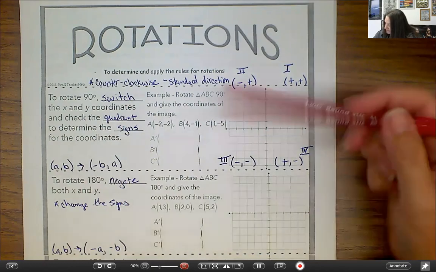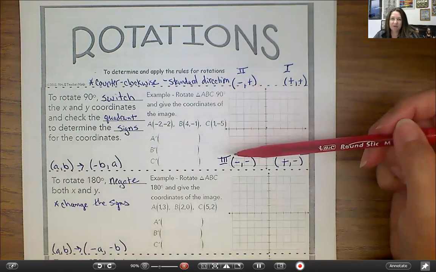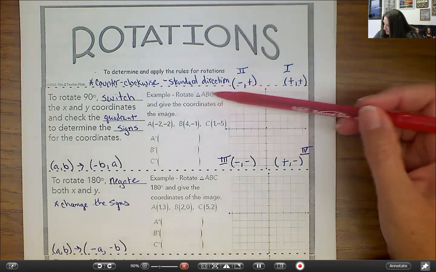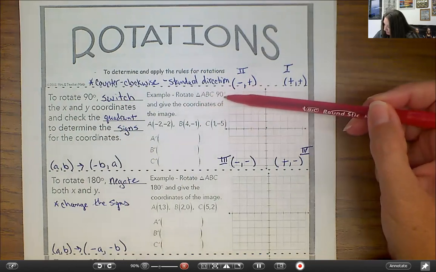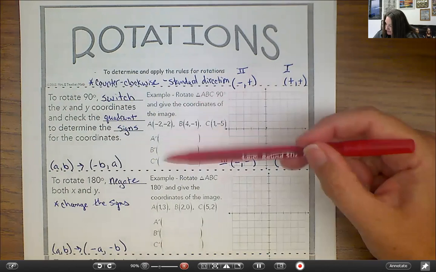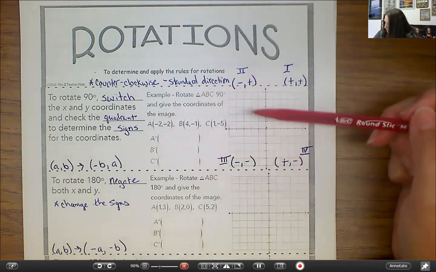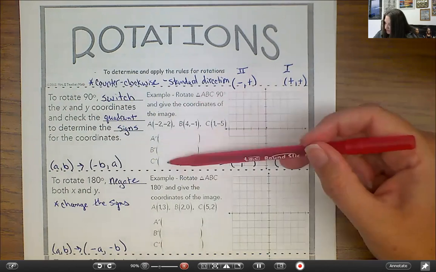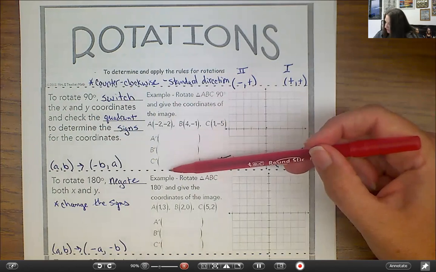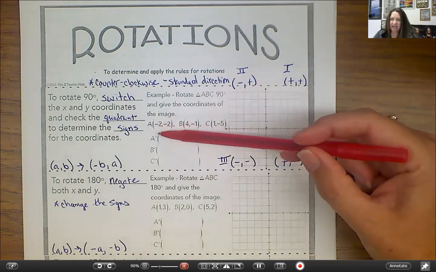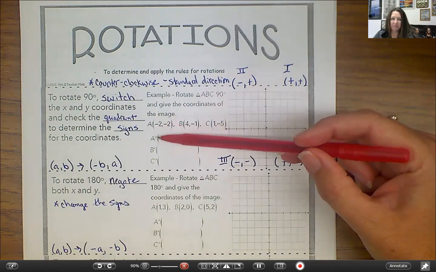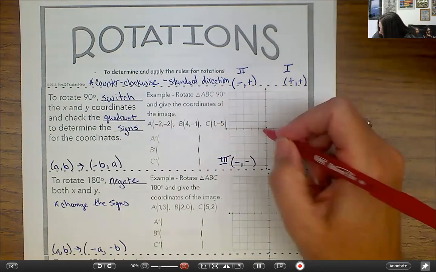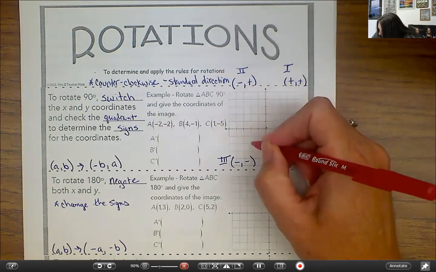So in our example here that we're going to draw up, we're going to rotate triangle ABC 90 degrees and give the coordinates of that image. So you've got the pre-image points here. We want the points for our image. Let's just start with A, just so that we see one point. A would be located at -2, -2.